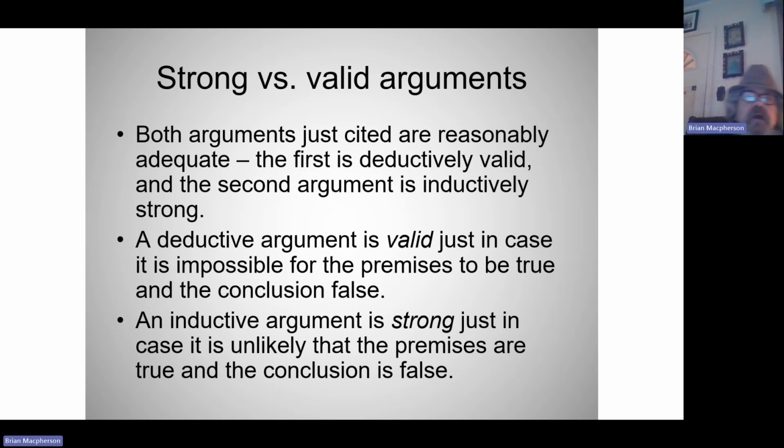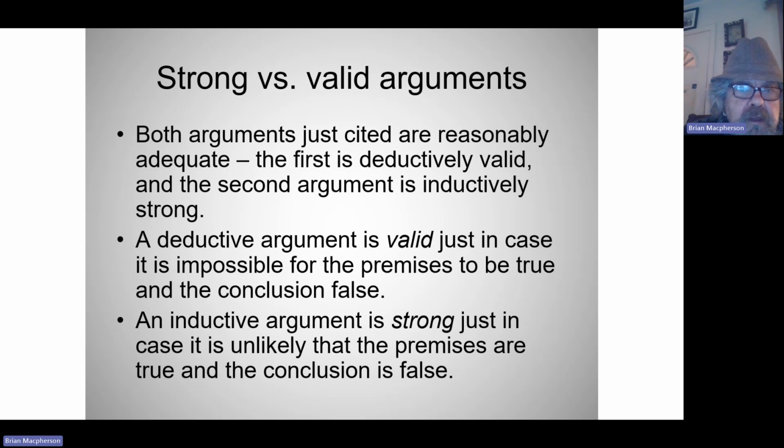Okay, so I'm going to introduce you to a couple of terms here. A deductive argument is said to be valid just in case it is impossible for the premises to be true and the conclusion false. So that's basically what a valid deductive argument is, a successful deductive argument, in the sense that if the premises are true, the conclusion will necessarily be true. On the other hand, we have the term strong.